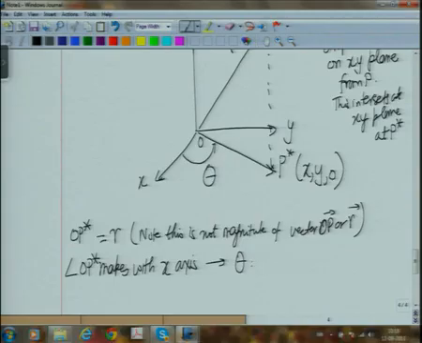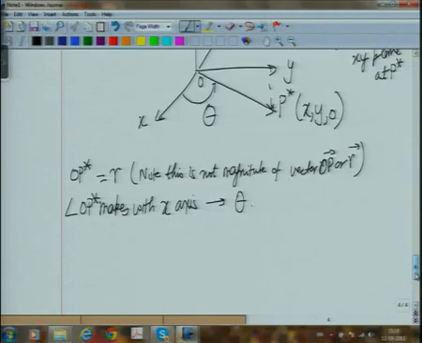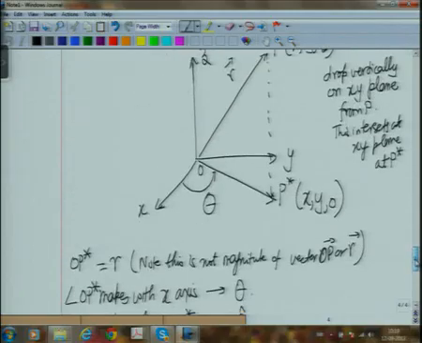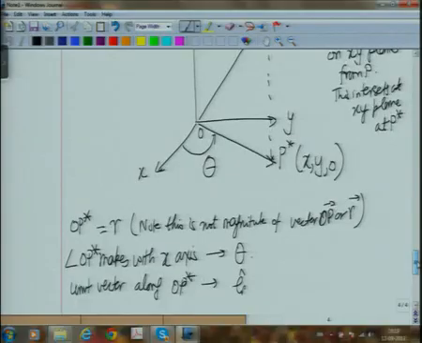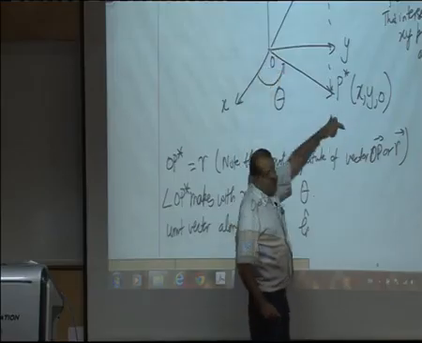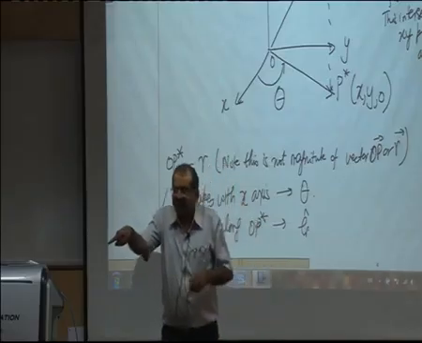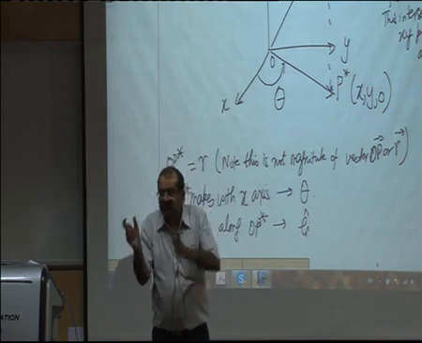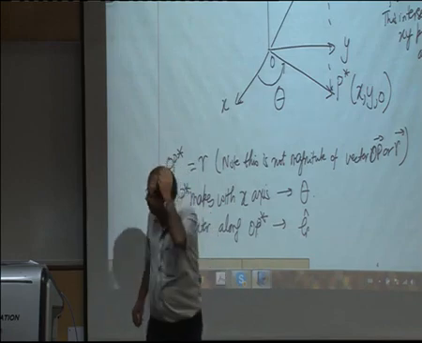Now, a unit vector along OP star, this unit vector I term as ER. Along the direction of OP star, I choose a vector of unit length, and that is what I term as ER, a unit vector along r.